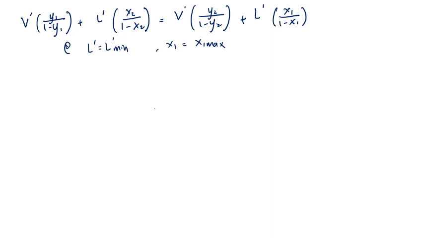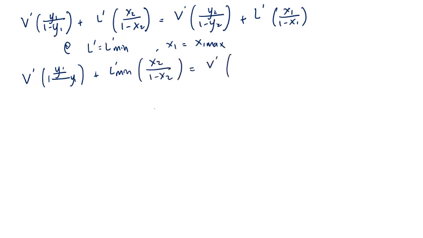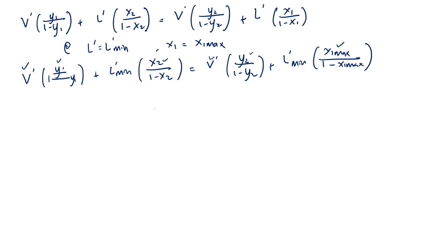So you replace everything with that: V' y1/(1 - y1) + L'min x2/(1 - x2) = V' y2/(1 - y2) + L'min x1max/(1 - x1max). Then you put in the known values: V', y1, x2, and y2 you also know, x1 max we already found out, and now you just need to find L min. So you key in the numbers and solve for L min.